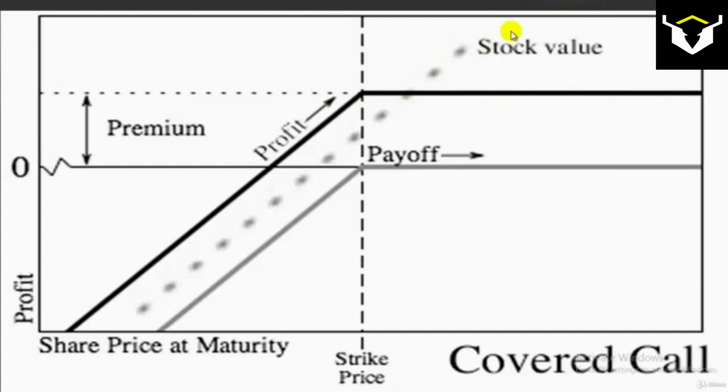But if the stock price was to fall downside, you will always have the advantage of your premium value. You can see here, even though the stock price is falling down, the overall price of your position will be a bit higher, this black line.